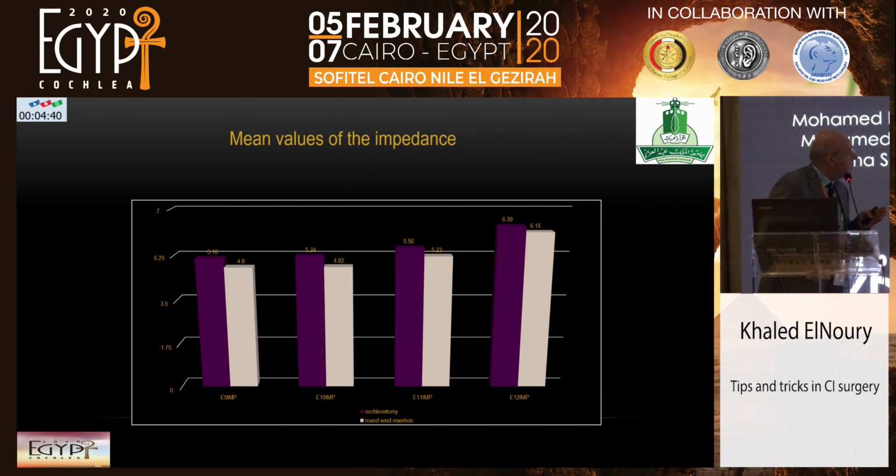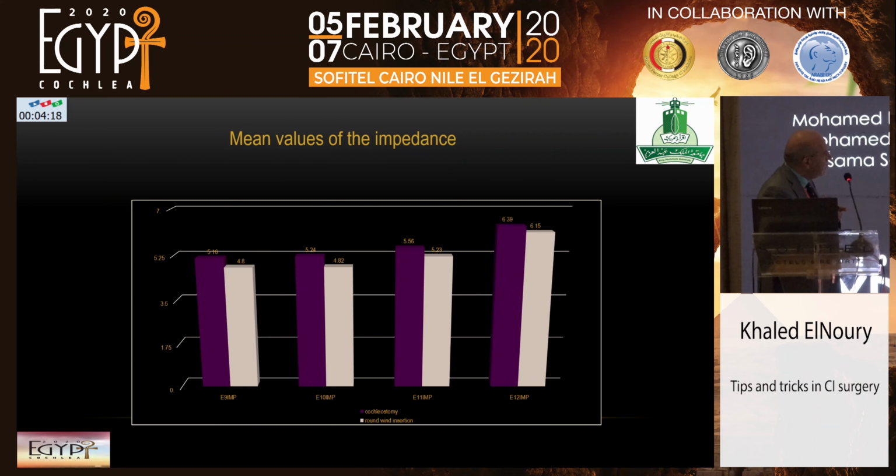If you look at the impedance, which represents the last four electrode contacts that stimulate the high frequency, we found that the impedance is higher. The violet is the cochleostomy and the white is the round window.